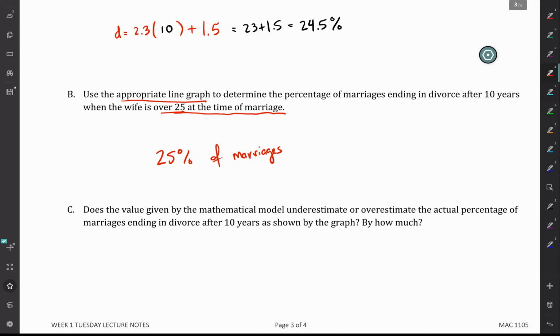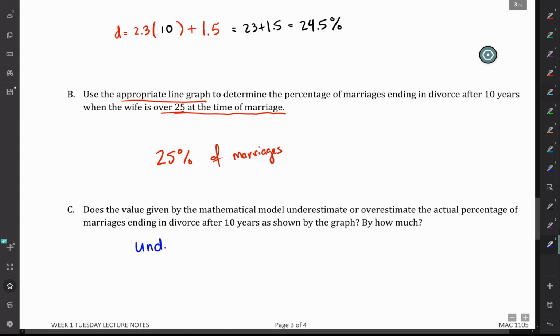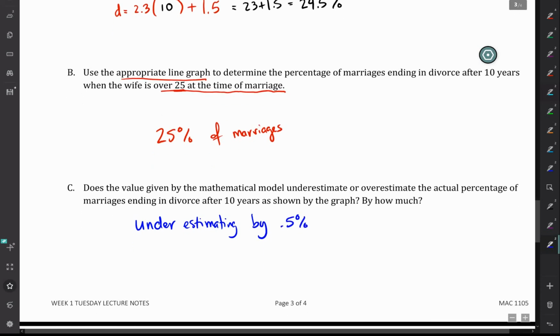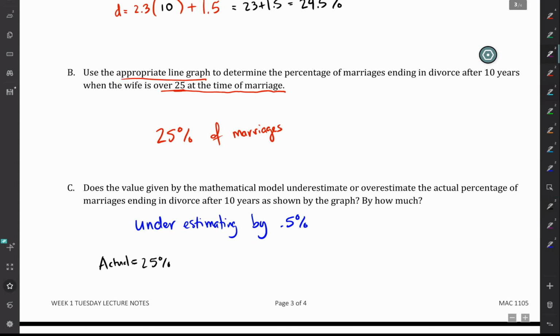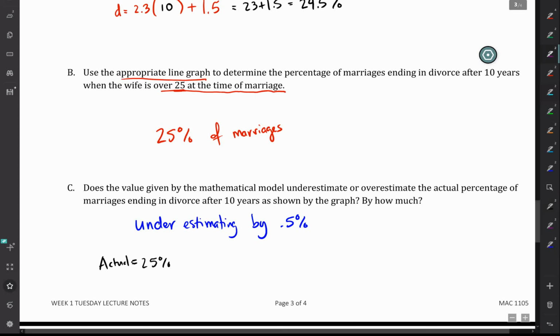So if the graph is giving the actual number, then our model is underestimating by 0.5%. And again, to see that, we know that if the graph is giving the actual percentage, then the graph is giving us 25%, but the model, the equation, predicted 24.5%.